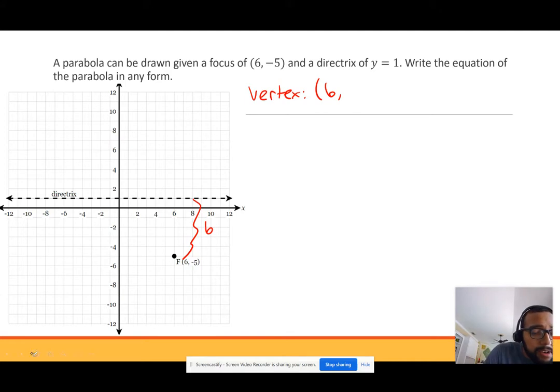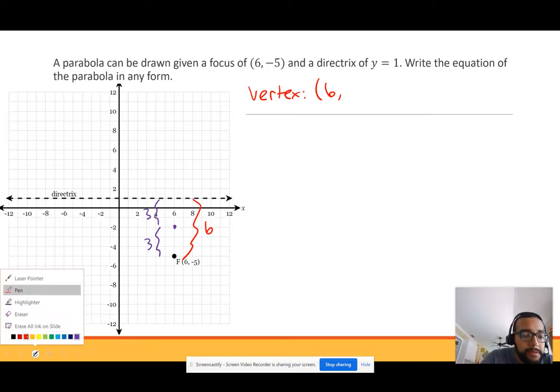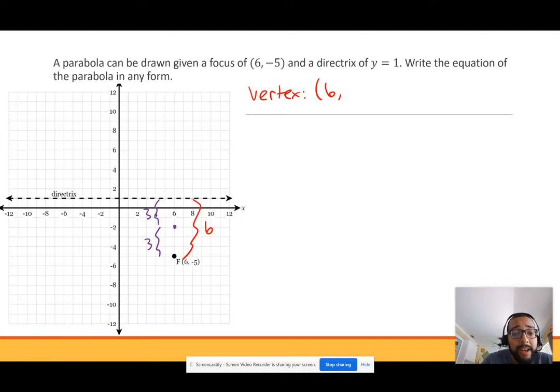That means here with a different color, purple, we're going to go 3 units up from the focus or 3 units down from the directrix. So here, 1, 2, 3. Again, notice that's 3 right there, and that's also 3 right there. So that gives us a vertex of 6, comma, negative 2.